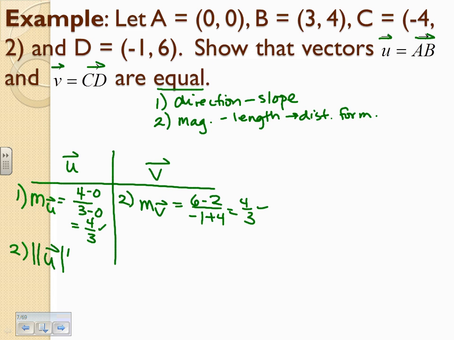The magnitude for u then. Change in y, change in x. So this would be what? 3 squared plus 4 squared, which equals 5.